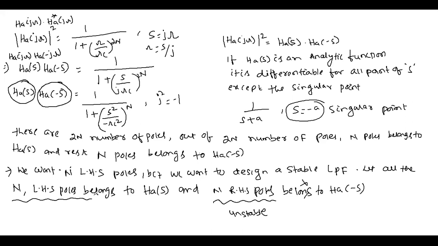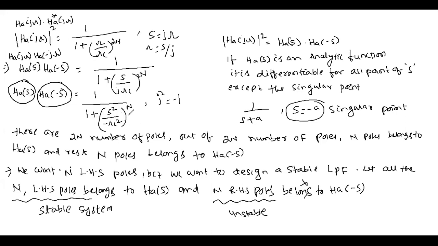Okay. All of you clear or not what I'm explaining? Yes or not? Okay, it's very simple. Obviously, I want all left hand side poles because we want to design a stable system. So what we got: H of s multiply H of minus s equals 1 by 1 plus (s square by minus omega c square) to power n.